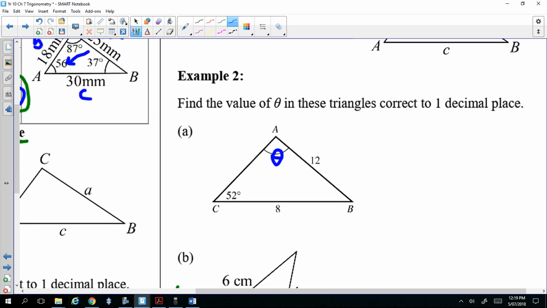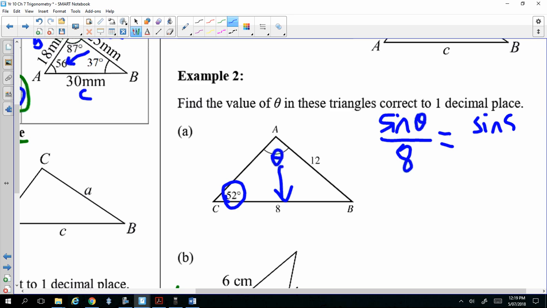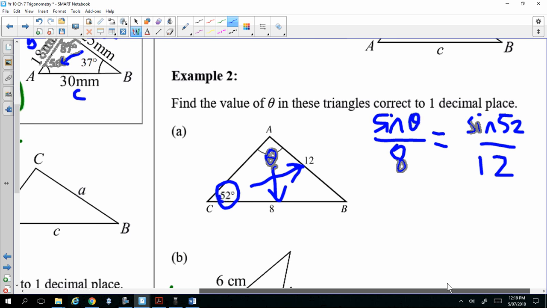But anyway, you go sine theta, opposite to 8. So write sine theta over 8 equals, because it's sine theta on top, you have to start with the angle, sine 52 over 12. There's your equation.